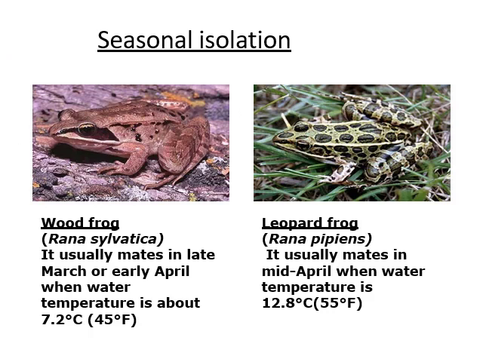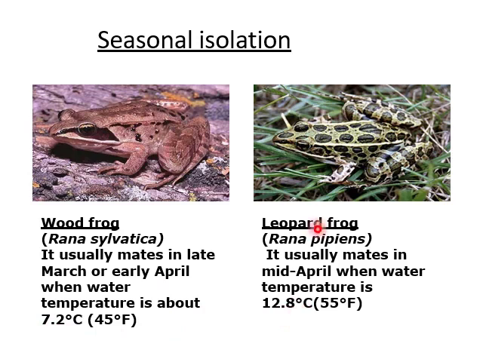Here is an example of seasonal isolation, in which there are two different types of frogs called the wood frog and the leopard frog. The wood frog can reproduce only in March to April, when the temperature of the environment is close to 7.3 degrees centigrade.